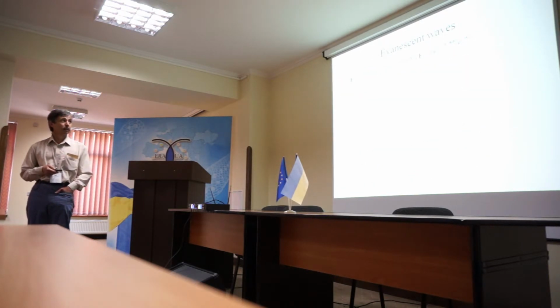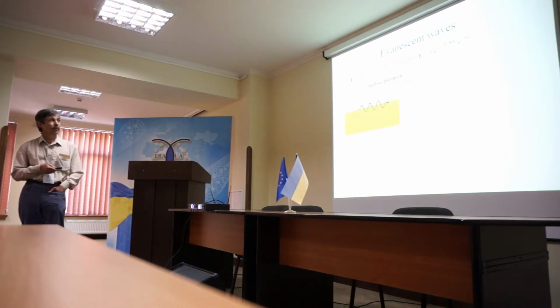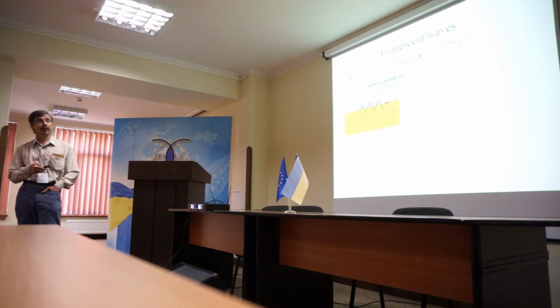So in fact, what is an evanescent wave? It is the standard description of our wave, but one component of the wave vector is imaginary, so we can rewrite it in this expression. This is a wave which propagates, for example, along some plane, but decays perpendicular to this plane.